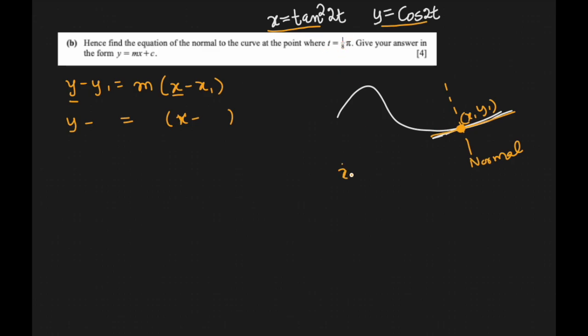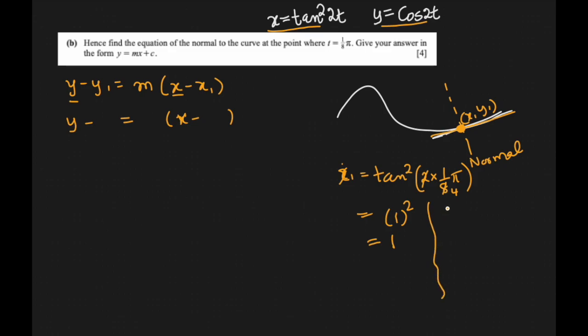So what is x1? Tan square 2t. 2 times t, t is 1 over 8 pi. So 2 and 8 cancel, so basically 1 over 4 pi. So tan 1 over 4 pi is 1, so it becomes 1 square, which is 1.